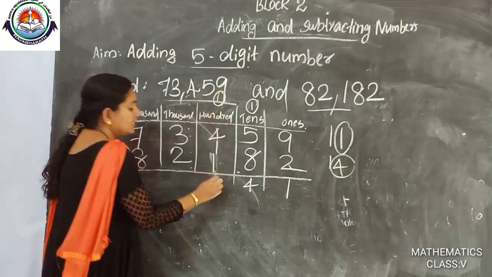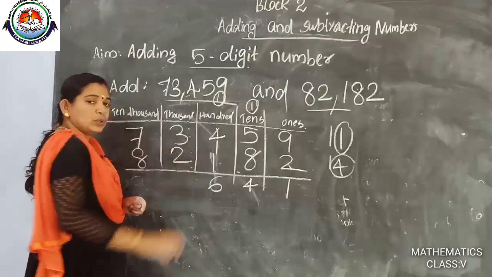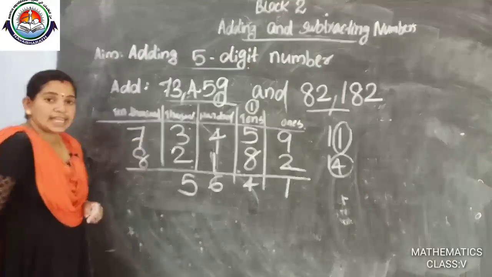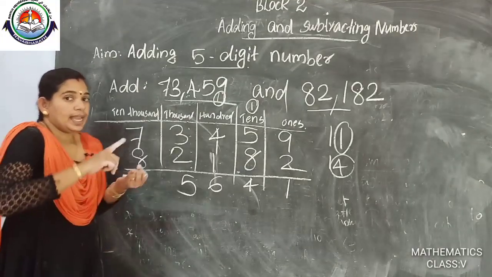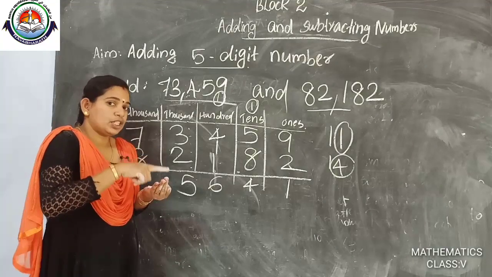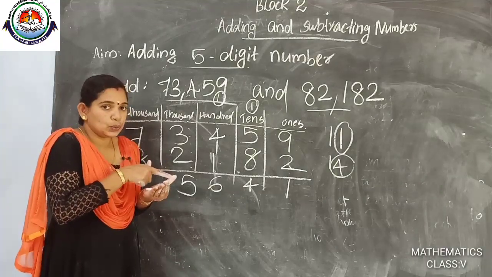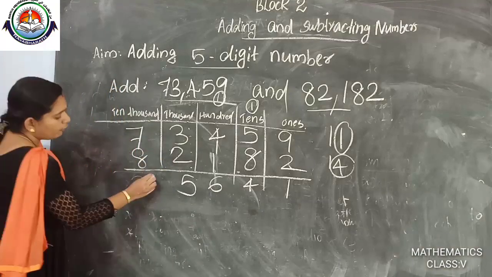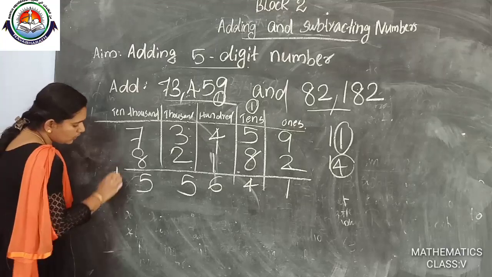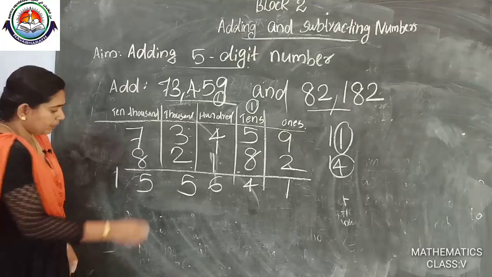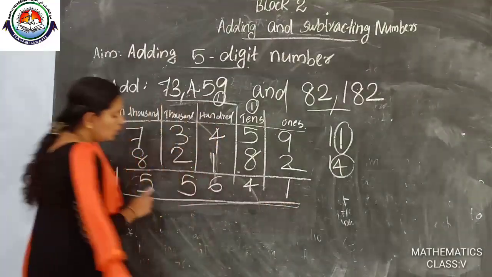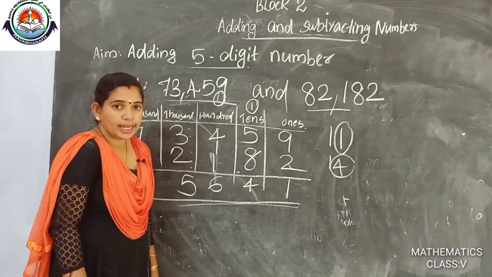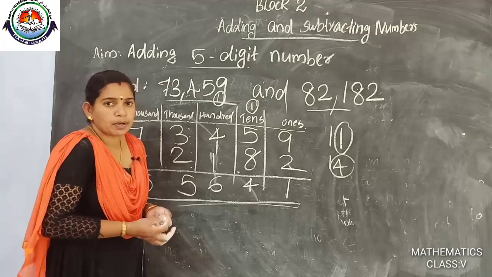Here one carry is there, 6. 3 plus 2, 5. 7 plus 8: after 7, 8, 9, 10, 11, 12, 13, 14, 15. So 5 we are writing here. There is no number, so putting 1 here. Okay. What is the answer? 1,55,641. Got it?